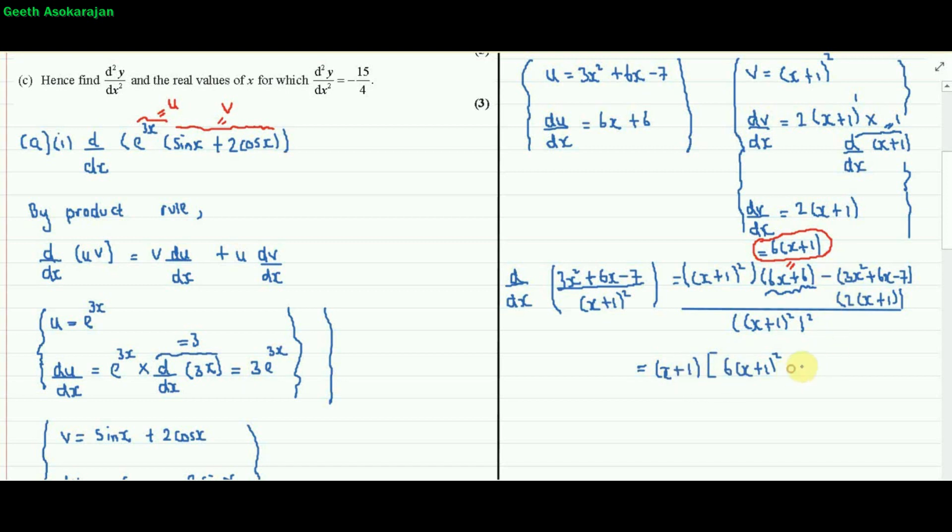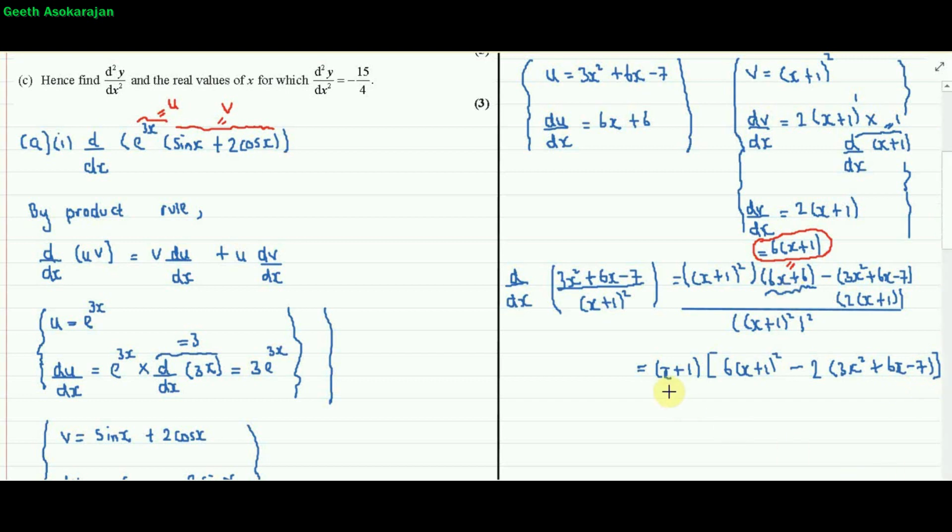Minus, by taking out an x plus 1 as a common factor, we're left with a 2 into 3x squared plus 6x minus 7. That is the term that remains.